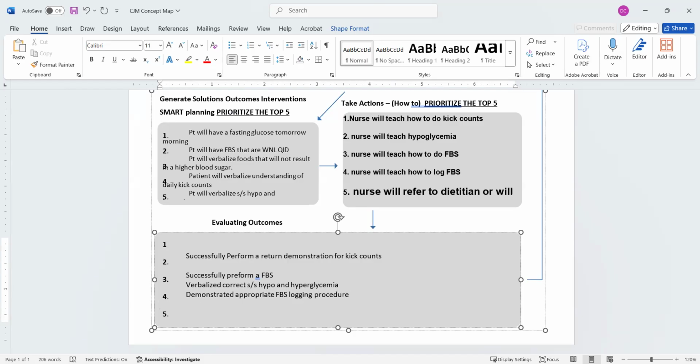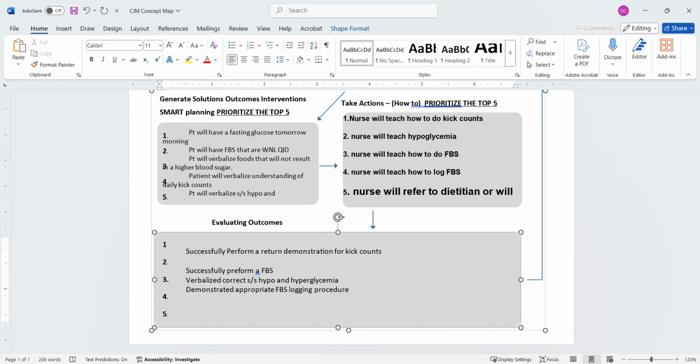And then the last one, maintain food journal and has low simple carb consumption.